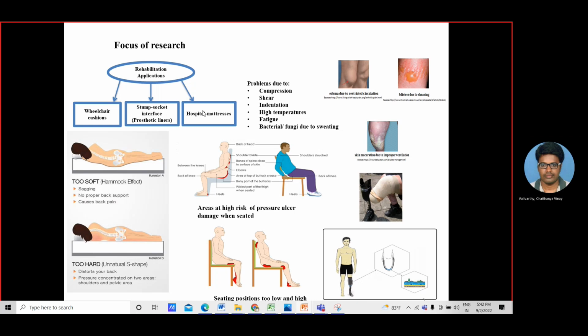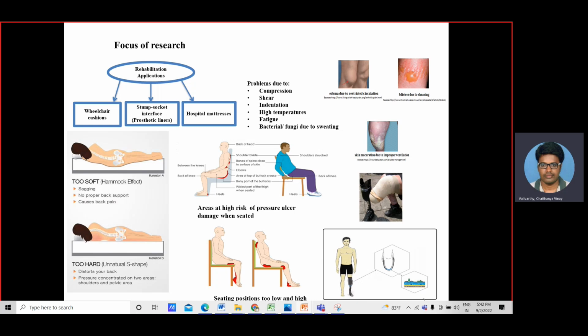The common problems like pressure ulcers occur due to uneven mechanical properties like uneven compression, shear, indentation, and high temperatures. This causes sweating, and due to sweating, bacterial and fungal growth happens between the stump and socket interface, and also fatigue. So there should be proper mechanical behavior that enables stress distribution.